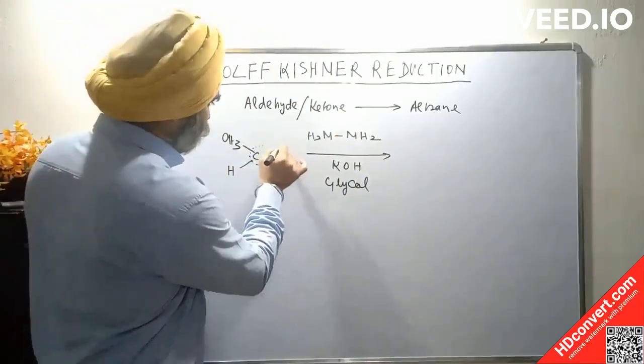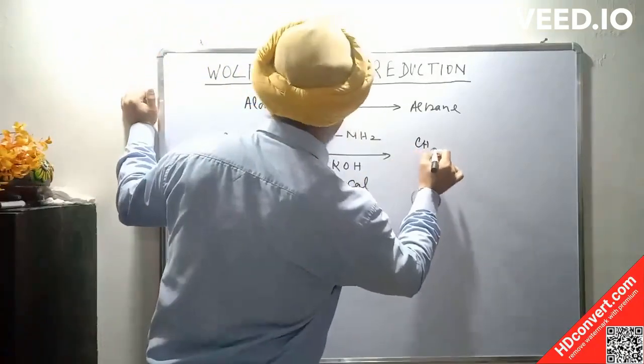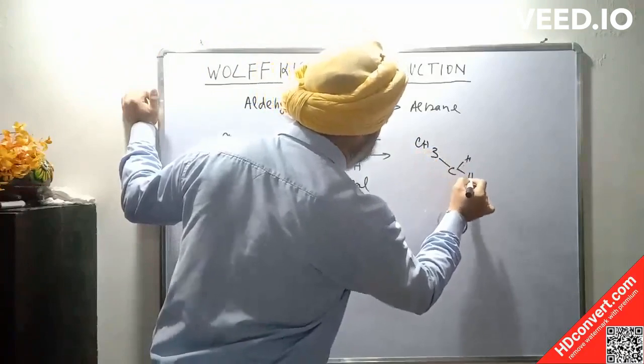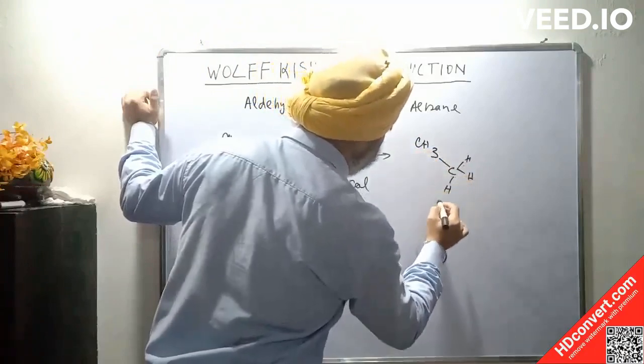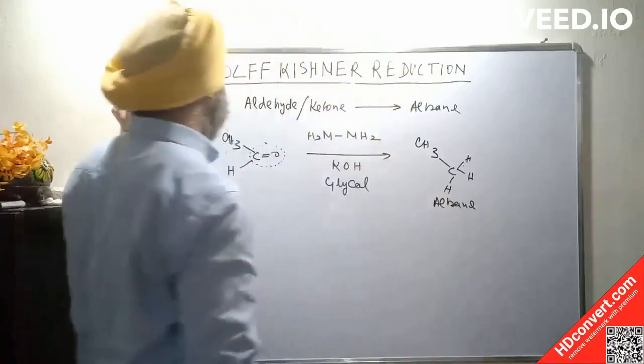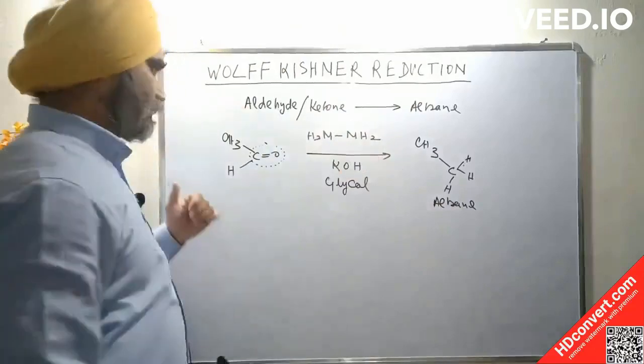This C double bond O gets converted into CH2. So we get CH3, CH, H and H. What we get is an alkane. So we start with aldehyde and we get alkane as the final product.